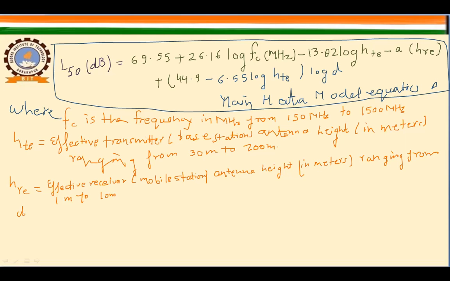Small d is the separation distance between transmitter and receiver, that is the T-R separation distance, which is calculated in kilometers.